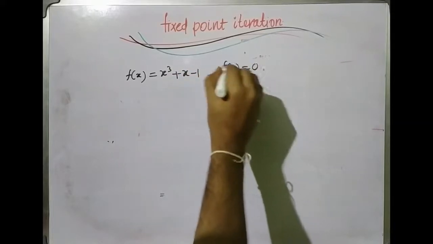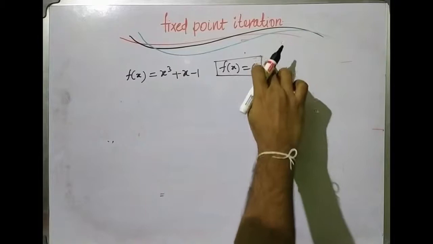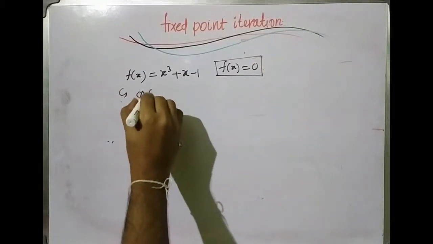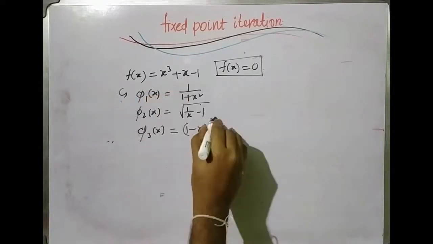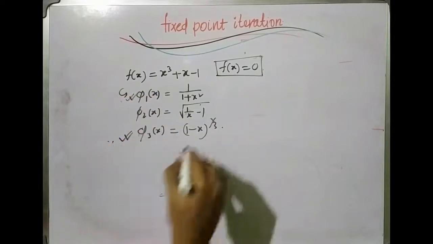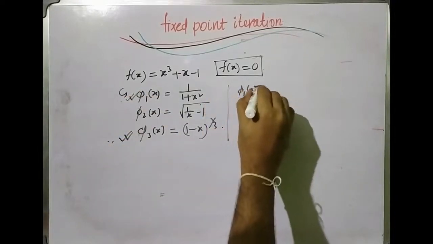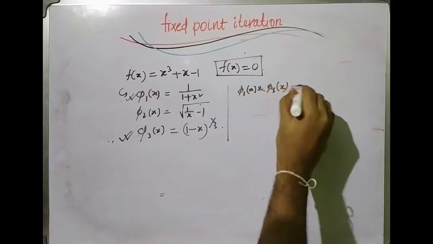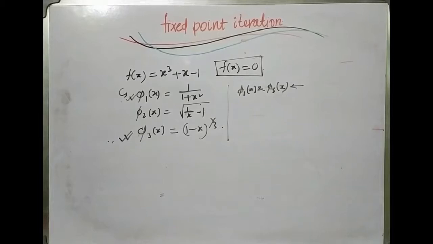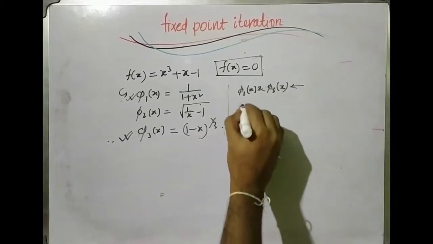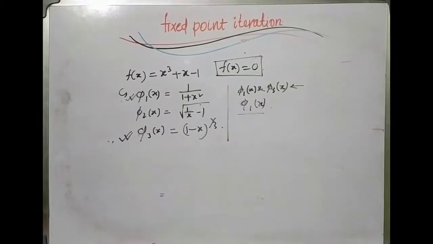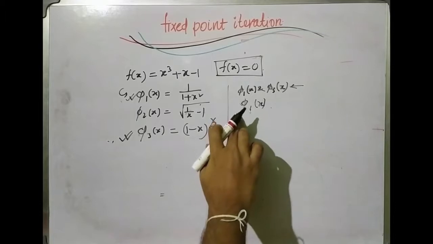So we were finding the root of f x equal to 0, and from this we got 3 phi x's, and we found that these two phi x, phi 1 x and phi 3 x, satisfied the condition of convergence. And I took phi 1 x for the procedure to converge. Why did I choose phi 1 x instead of phi 3 x?